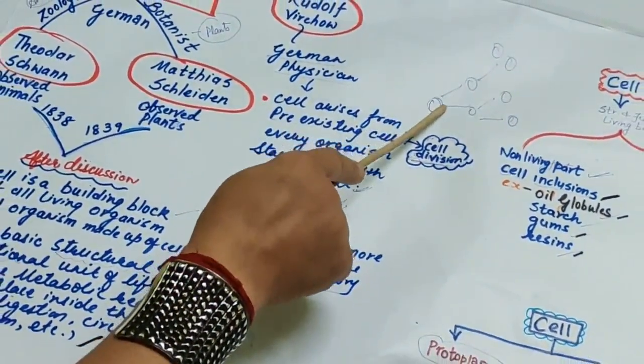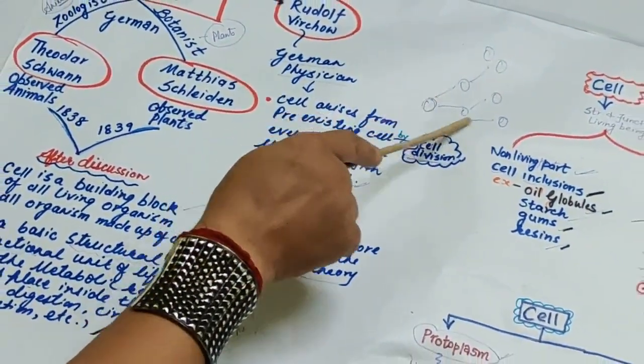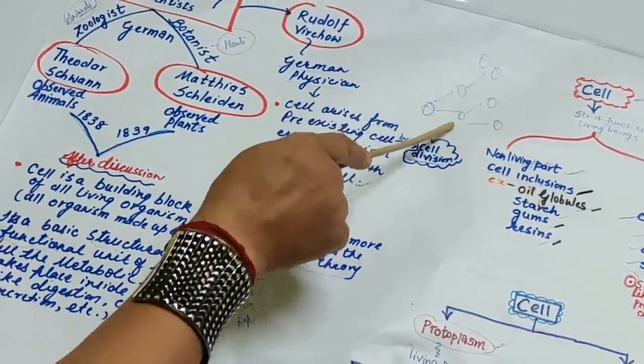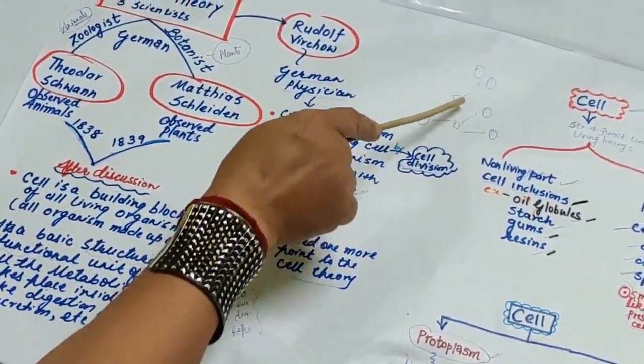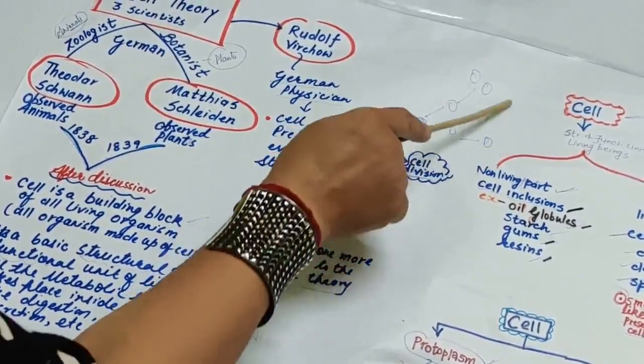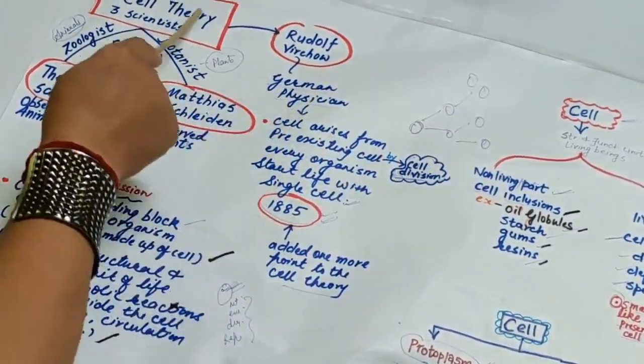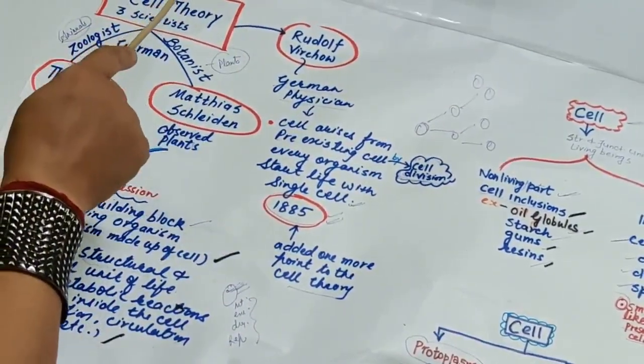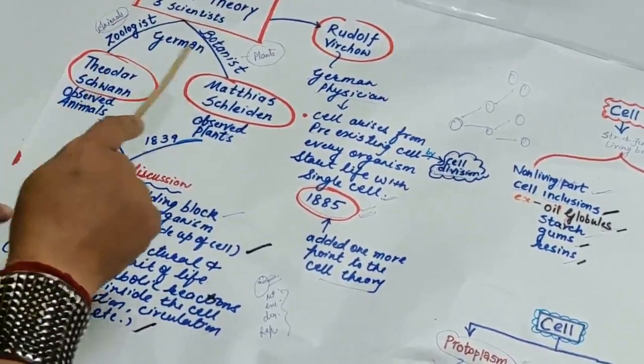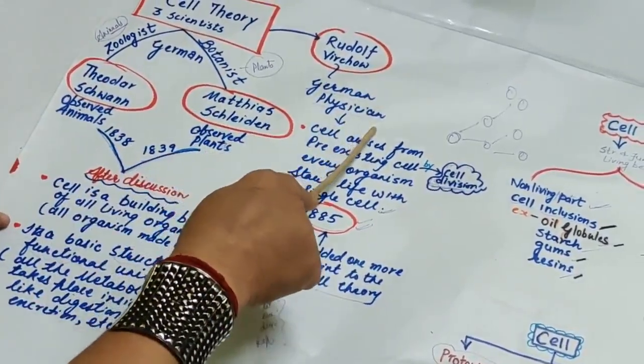The single cell will divide by cell division and become 2. Now these 2 cells will further divide into 4. So this is the cell theory which is given by 3 German scientists.